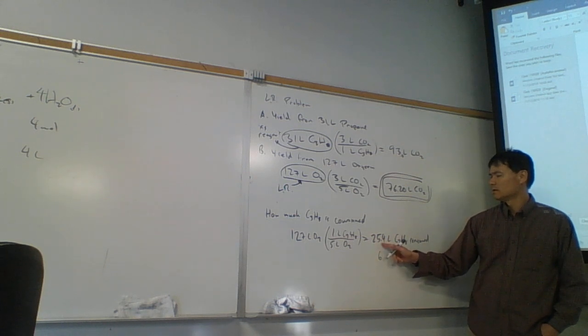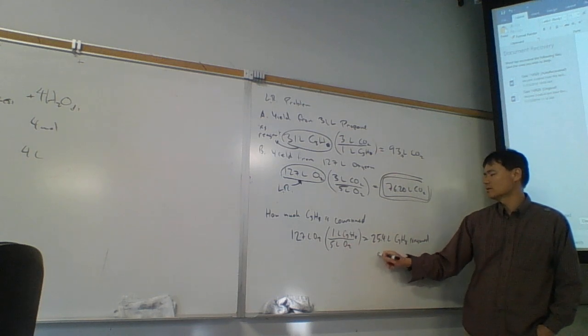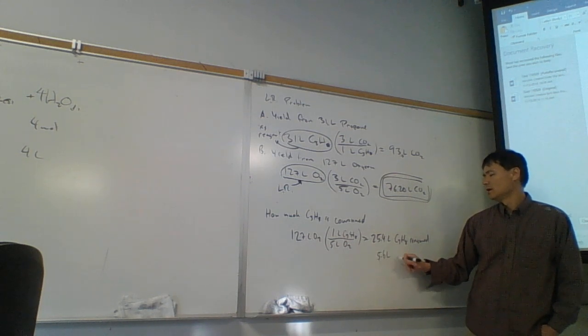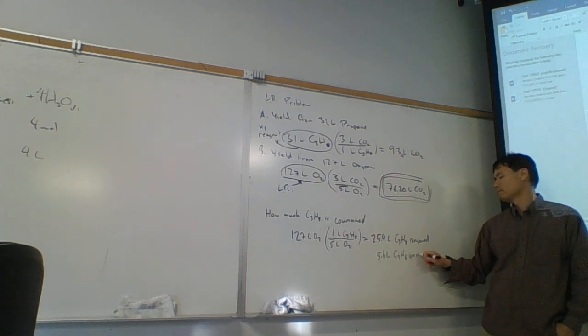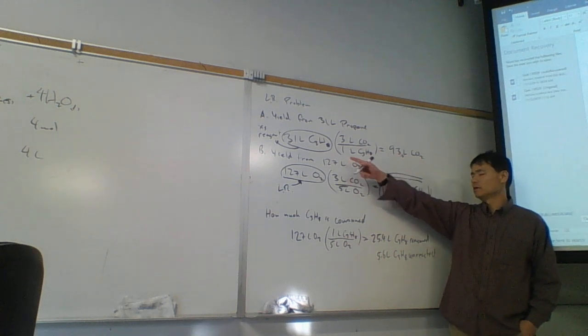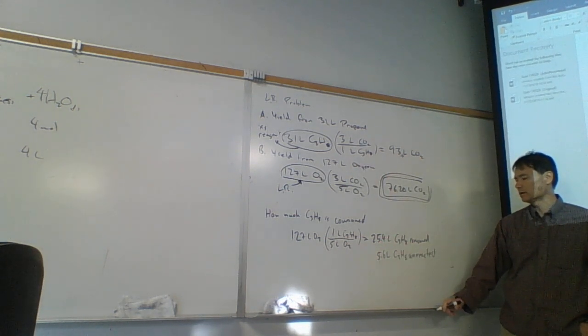Not 6.6, 5.6. There's going to be 5.6 or about 6 liters of propane unreacted. In other words, it's going to be 31 liters minus the amount consumed. That gives you the amount remaining unreacted. And so about 6 liters of propane remain.